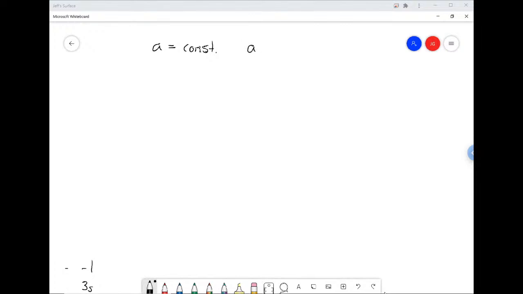In the case where acceleration is constant, the average acceleration is equal to the instantaneous acceleration. If you have something that's not changing, its average over an interval of time is whatever it is, because it's not changing. That's what I'm saying here.